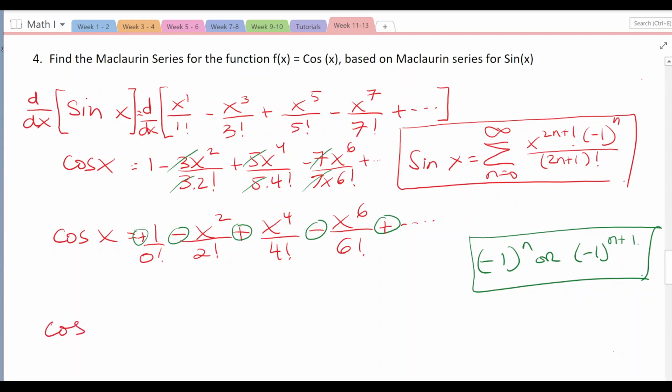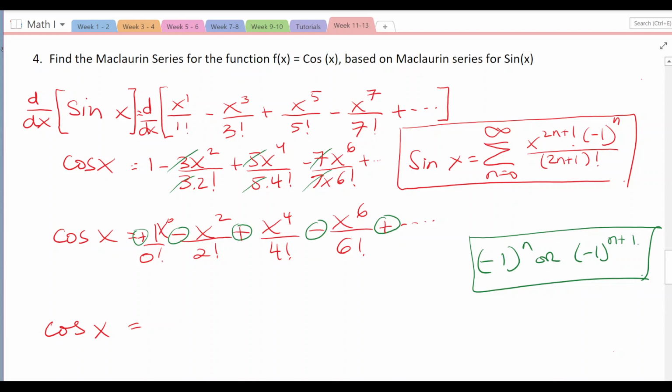So our function cos x, the first term is 1, which you can say is 1 times x to the power of 0.